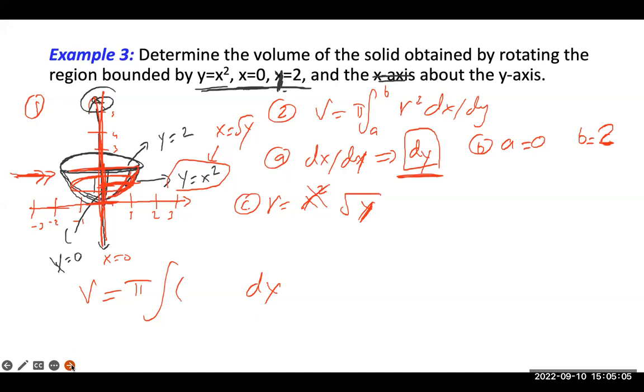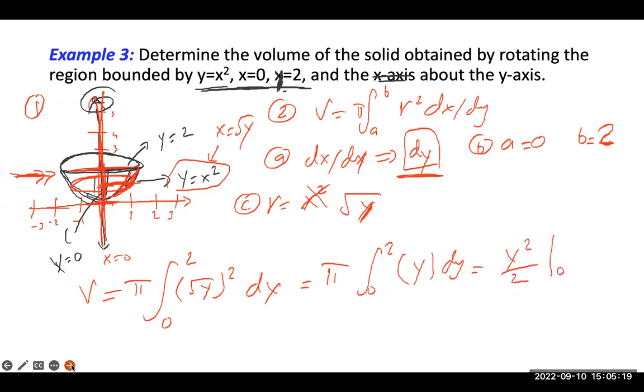We say square root of y squared from 0 to 2, and that's going to give us pi integral from 0 to 2 of y dy, which is equal to y squared over 2 from 0 to 2 times pi. That's going to give us pi times 4 over 2 minus 0 over 2, which is equal to 2 pi.